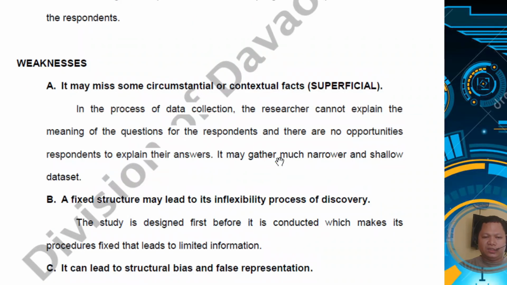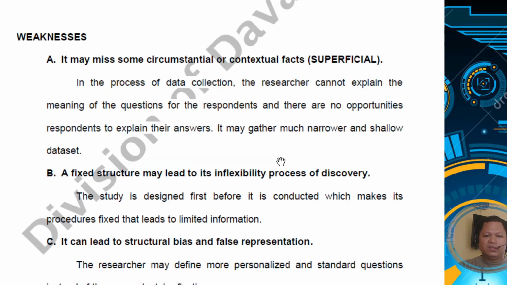Okay, for weaknesses, letter A, it may miss some circumstantial or contextual facts. In the process of data collection, the researcher can explain the meaning of the questions to respondents, but there are no opportunities for the respondents to explain their answers. It may gather a much narrower and shallower data set. As you can see, or if you have advanced reading, if you have seen a questionnaire, it is a set of close-ended questions.